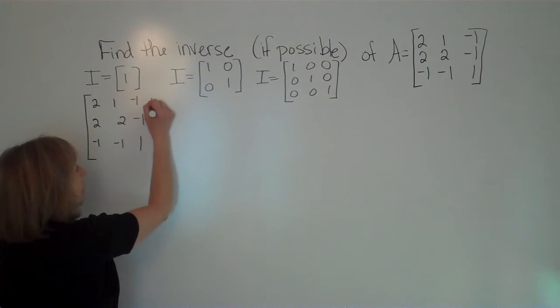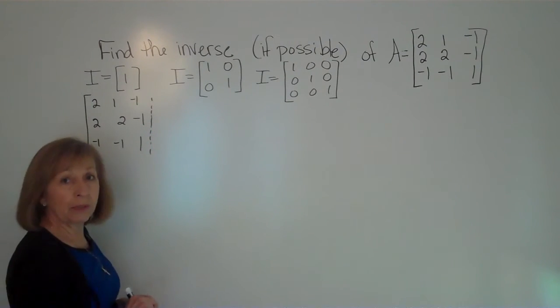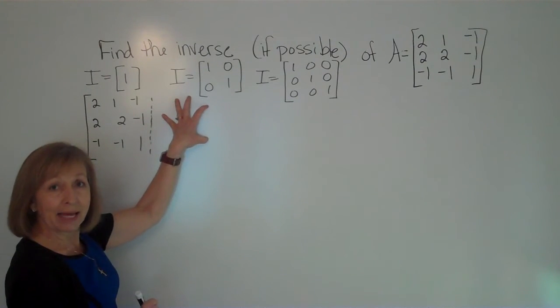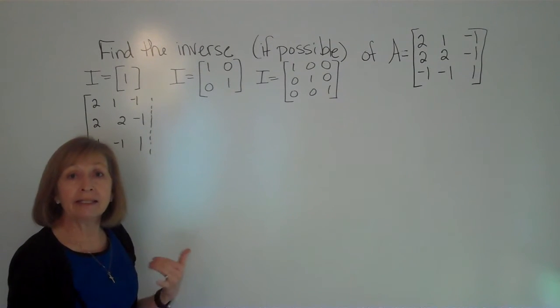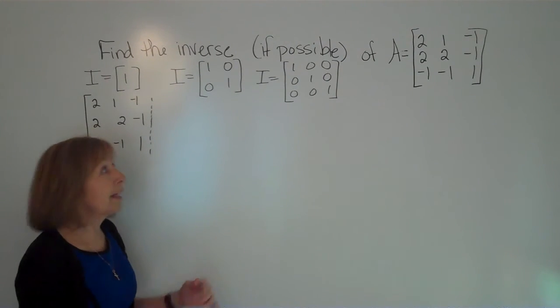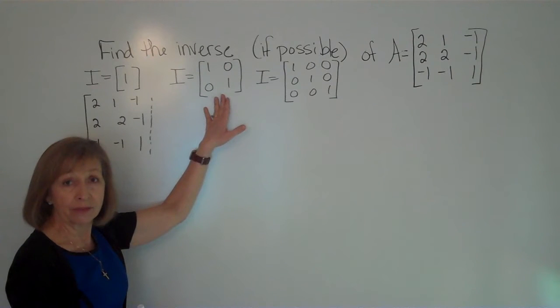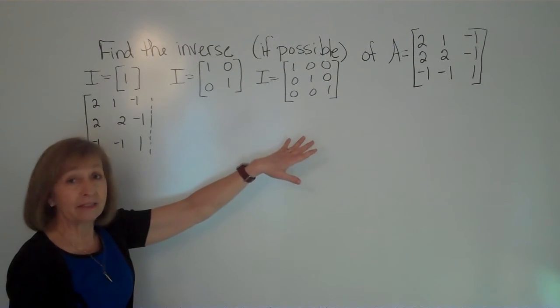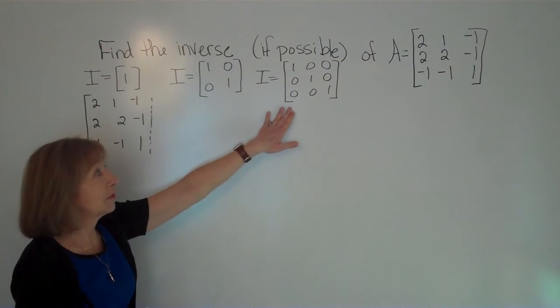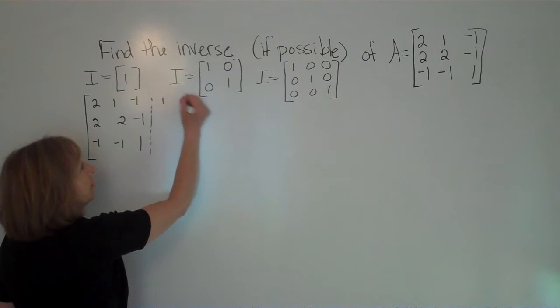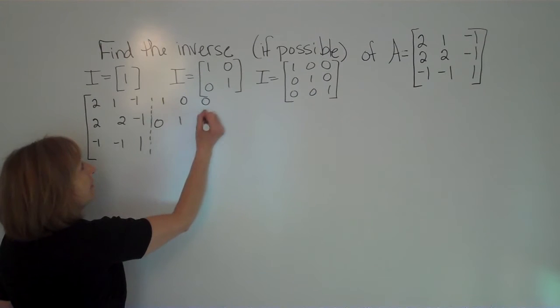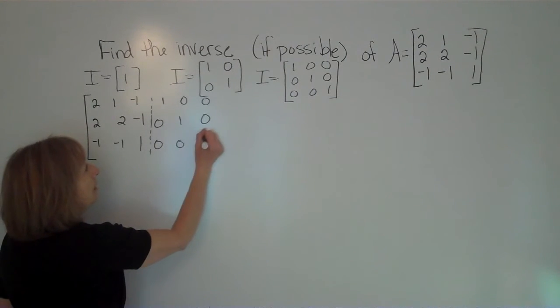And then we put a dashed line and we tack on the identity that matches the size of the matrix we started with. So if we were finding the multiplicative inverse of a 2 by 2, we would tack on the 2 by 2 identity. But we want to find the multiplicative inverse of a 3 by 3, so we're going to tack on the 3 by 3 identity. So 1, 0, 0, 0, 1, 0, and 0, 0, 1.